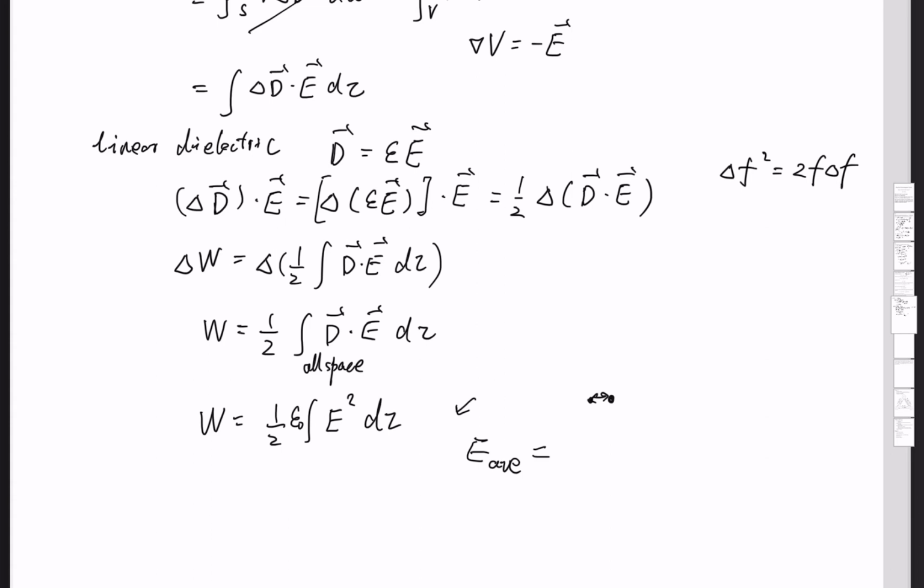And remember that the work stored in a field is not linear in E, but goes as E squared. So the fluctuations in E are not counted in the second expression.